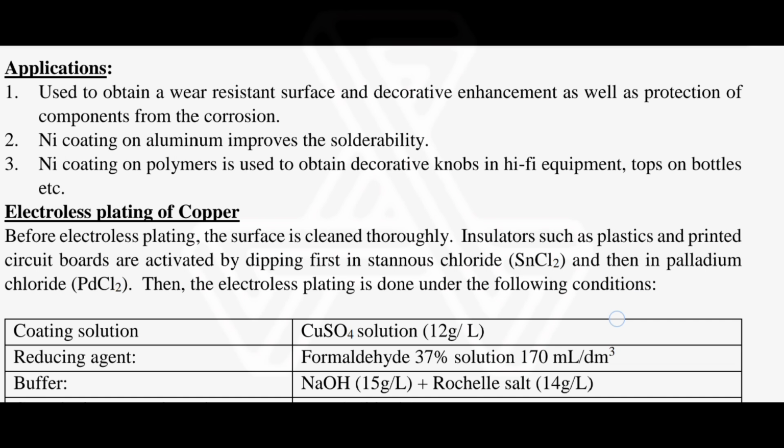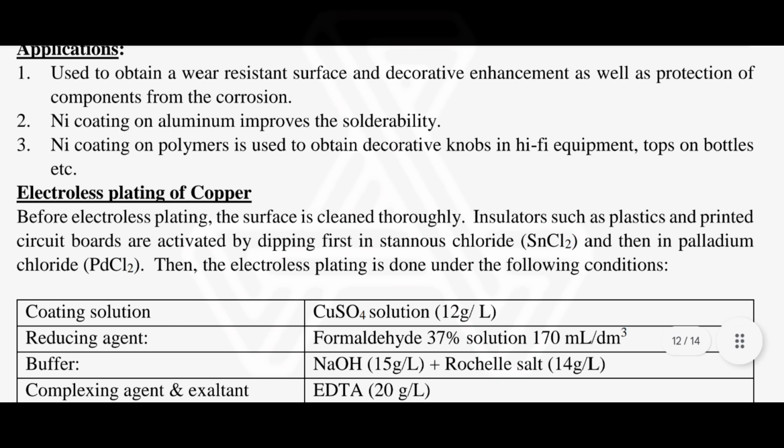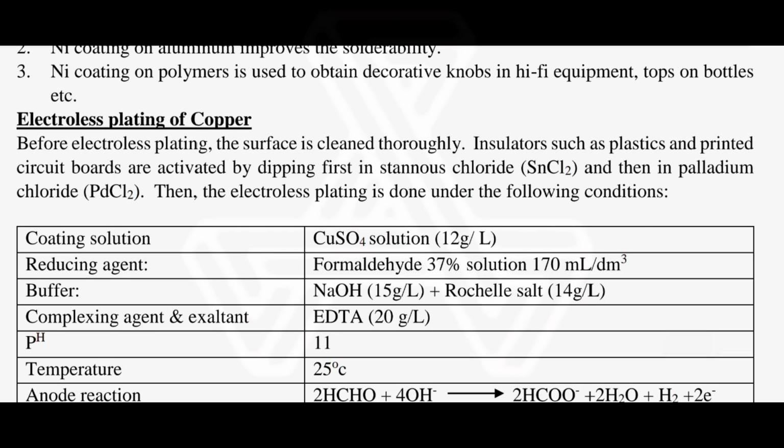Ni coating on aluminum improves solderability. Ni coating on polymers is used to obtain decorative knobs in hi-fi equipment, tops on bottles, etc.